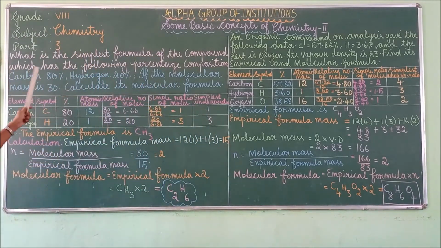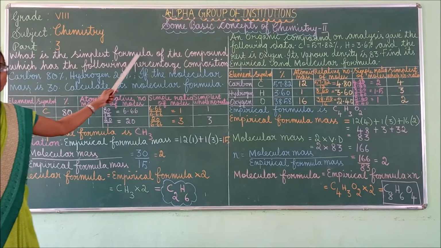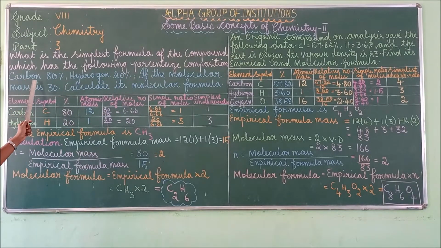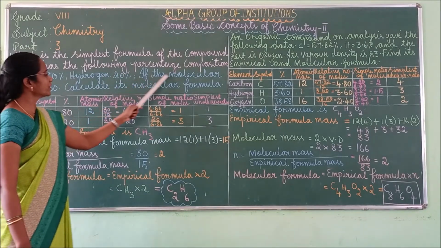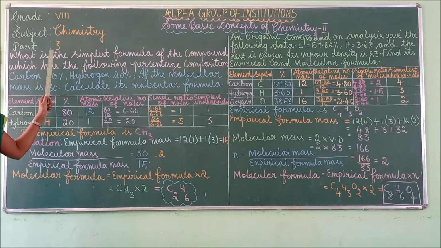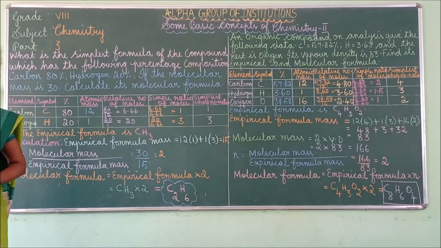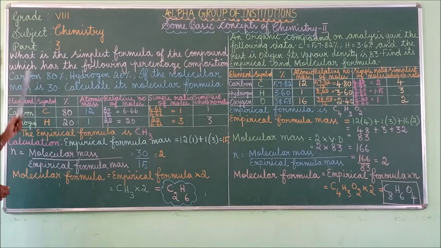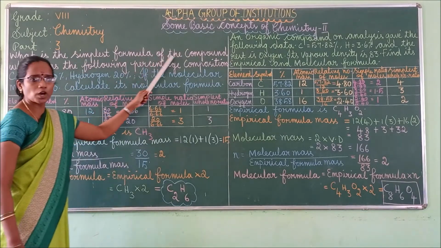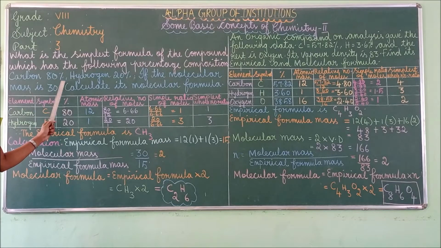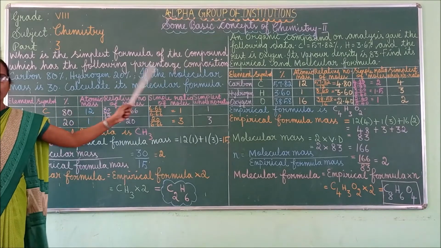So what is the question here? 20%. If the molecular mass is 30, then calculate its molecular formula.